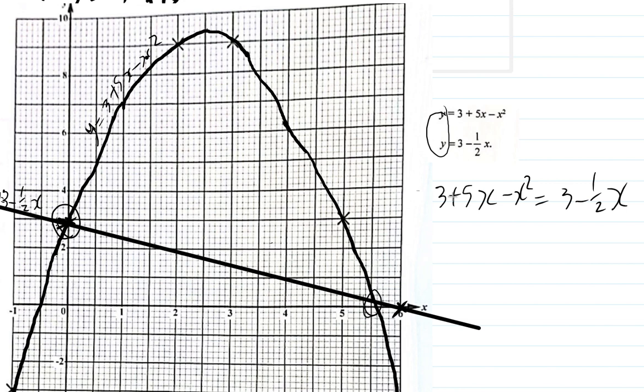So x equals what? x would be 0. So you would have solution x equals 0 and x equals, call it 5.6.